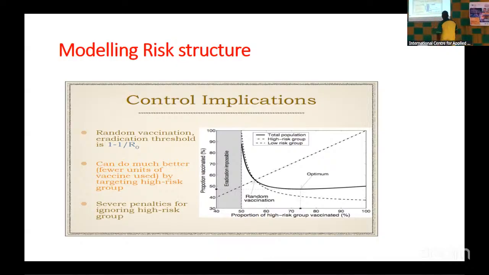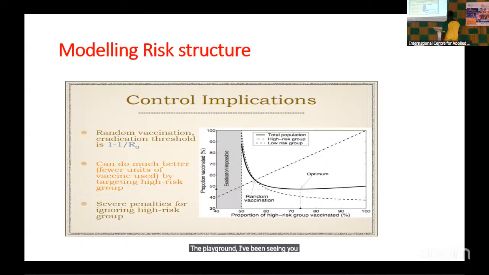And at this point, you find out that the high risk group, and here the total population is actually going until it gets to around 50%. And then the high risk, I think this is the low risk group, yes, and then the high risk group.